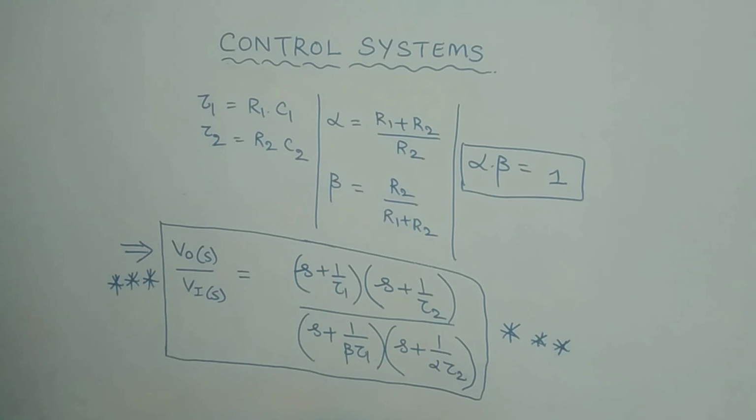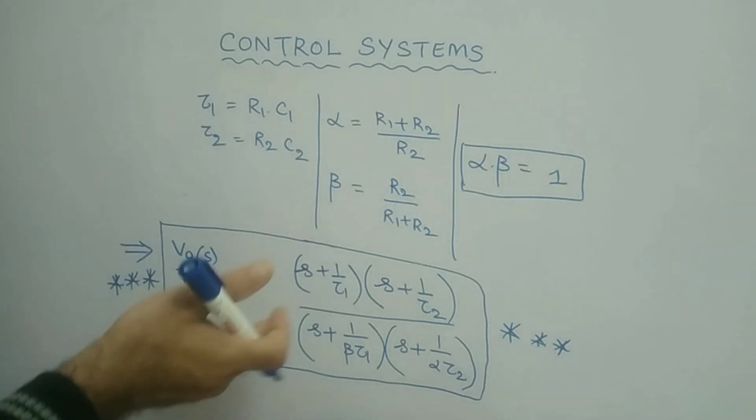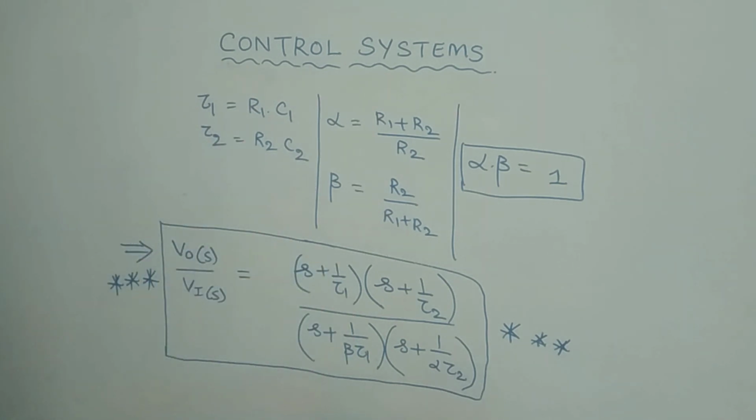The main application of this lead lag network is that, in order to improve the steady state response of the system, it can be employed in a control system, right? This is a very simple circuit, and you have seen the transfer function. Clear?